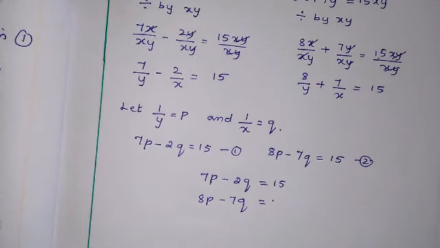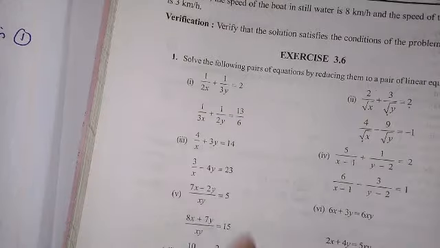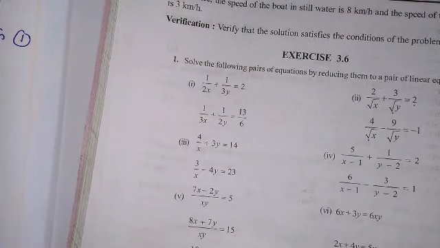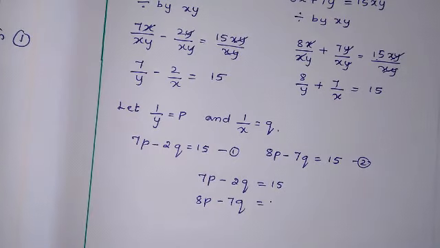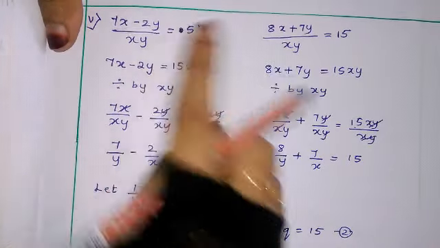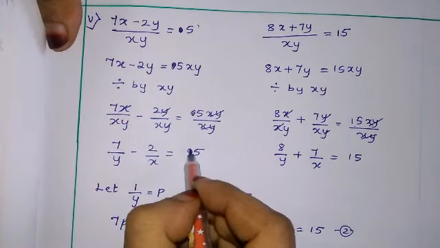Both 15. Something I have done wrong. Both 15 they have not given. They have given 5 and they have given 15. By mistake I have written both 15. Here 5. From the beginning you can see here, instead of 5 I had written 15.